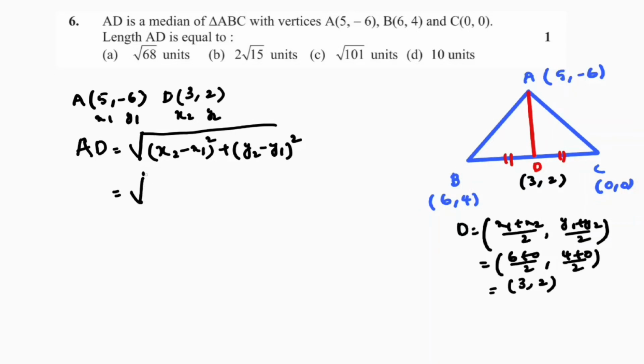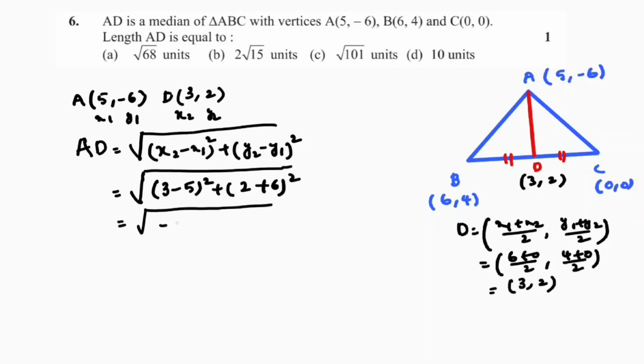Here x2 is 3 minus 5, so 3 minus 5 whole square plus y2 is 2, minus of minus 6 is plus 6. y1 is minus 6, so plus 6 whole square.